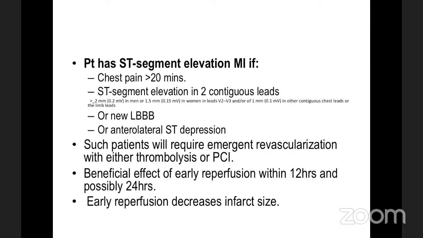The characteristics of STEMI are chest pain more than 20 minutes, ST segment elevation in 2 contiguous leads, more than 2 millimeters in men and 1.5 millimeters in women, or left bundle branch block, new left bundle branch block, or anterolateral ST depression.